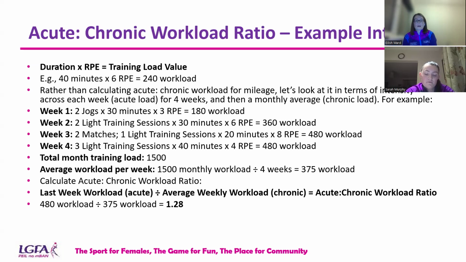Over the course of the month, we add this all up, which comes to 1500, and divide it by 4, which gives the chronic workload as 375. Then for the last week, we divide the 480 by 375, and that comes out just under the ratio that we're looking for, at 1.28.